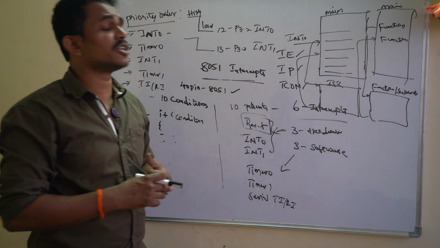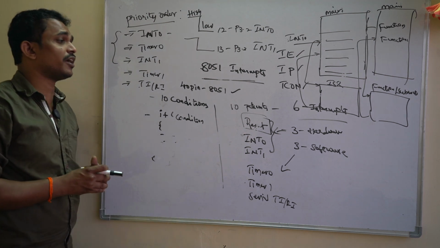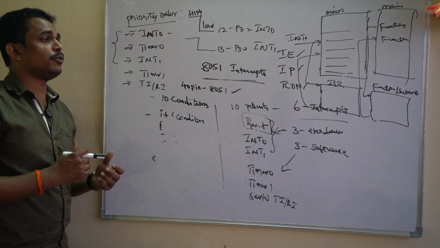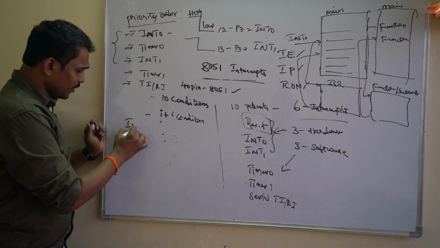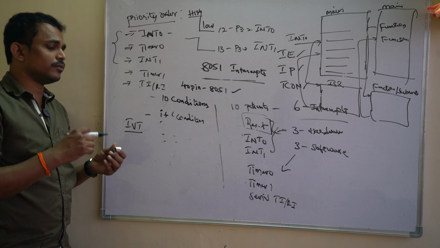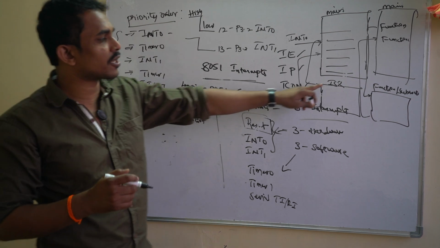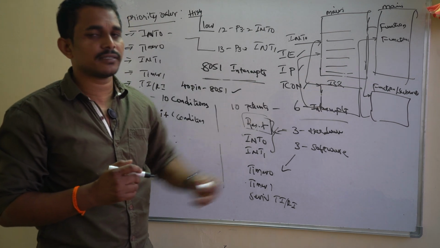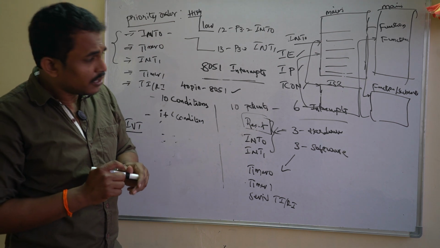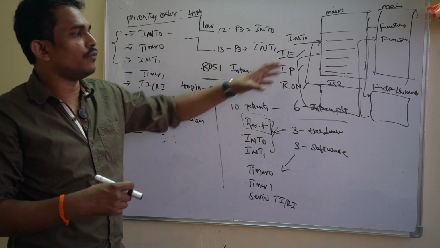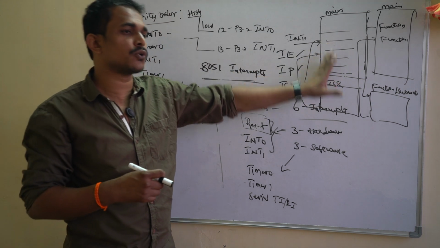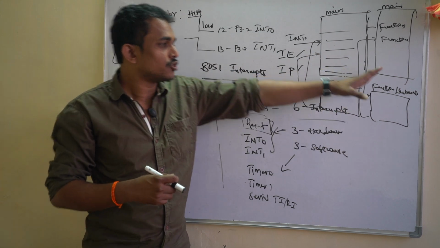Again, interrupts also follow an interrupt vector table, which has an entry for every interrupt in memory. When you write an ISR, it has a fixed address in memory, because all programs and data in the device are stored in memory.